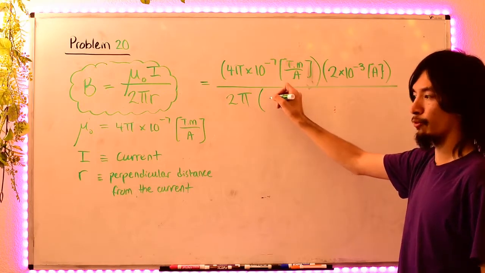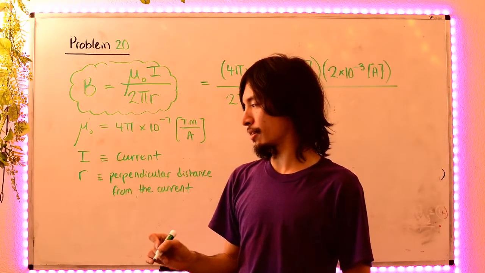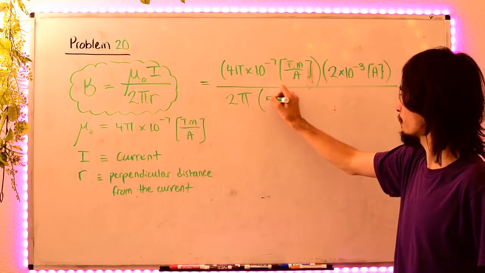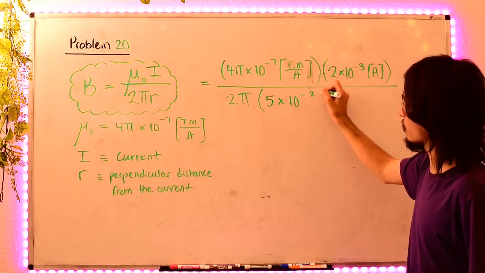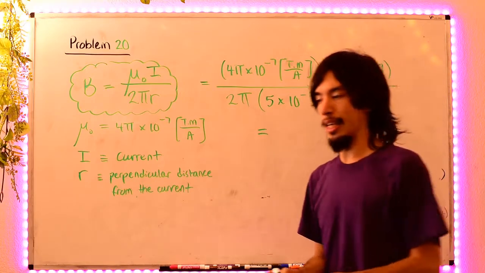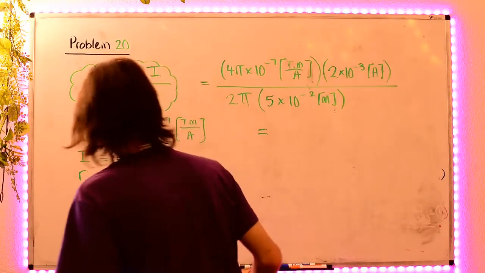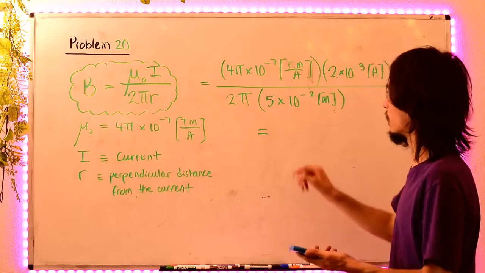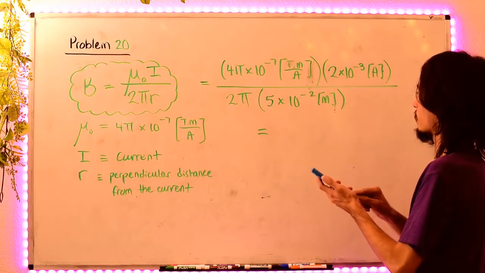And the radius from the current is 5 centimeters, 5 times 10 to the minus 2 meters. And this yields a magnetic field strength in Teslas. So we calculate that to be, I'm going to ignore the pi's.